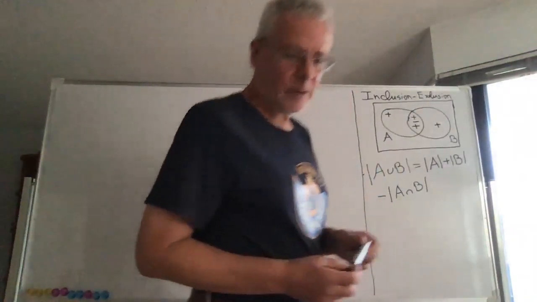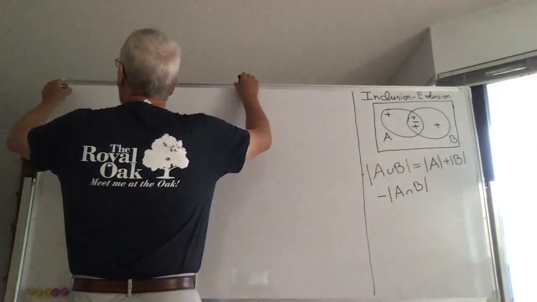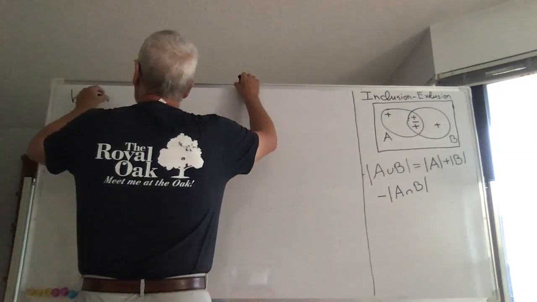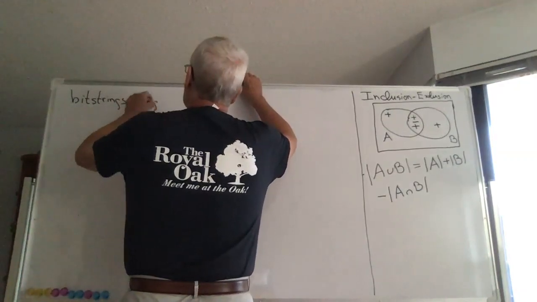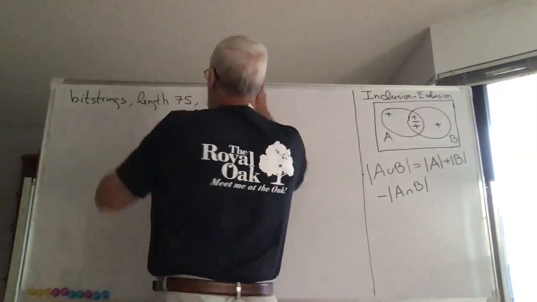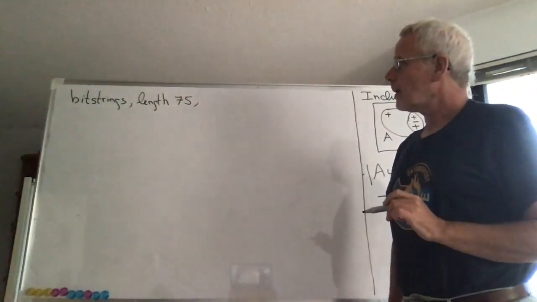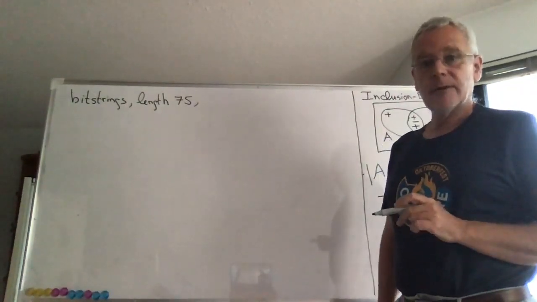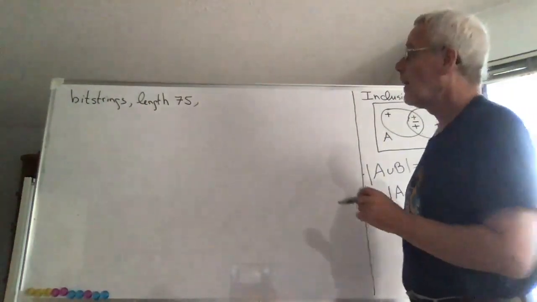We're going to count bit strings of length 75. So you write down 75 bits. So it is a sequence consisting of 75 many zeros and ones.